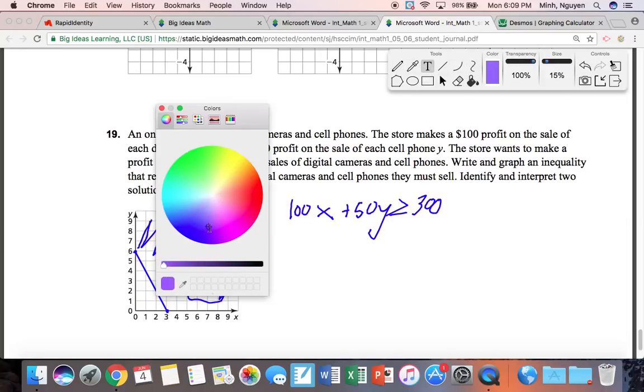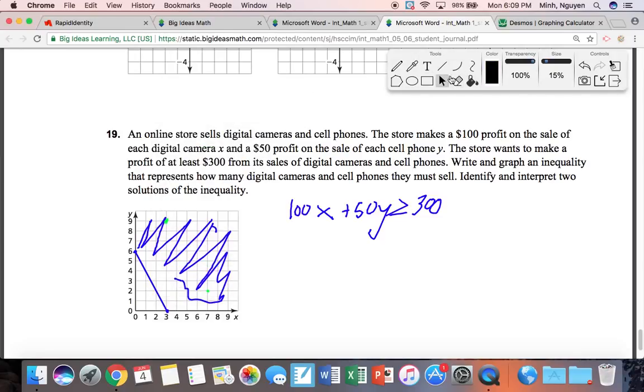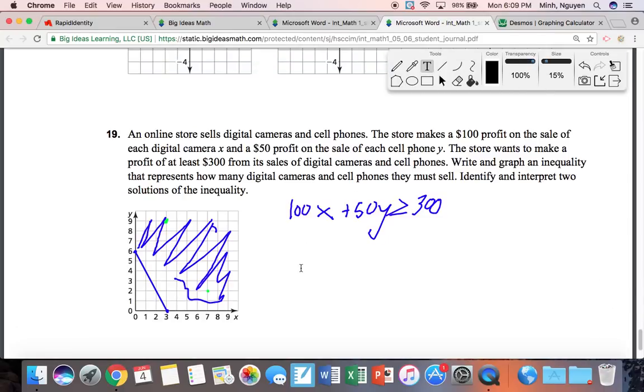I'm gonna write in black so it's not annoying. Sorry. 3, 9 is a solution if the store sells 3 cameras and 9 cell phones.